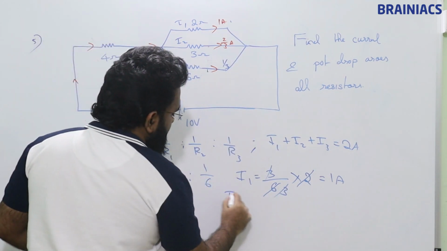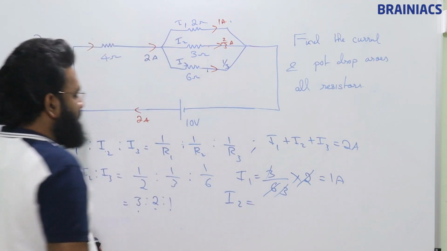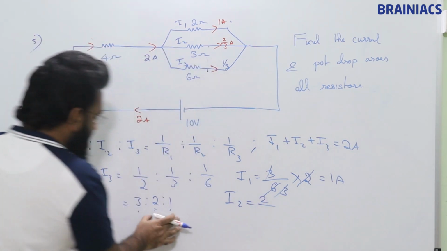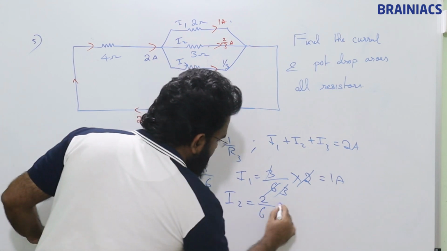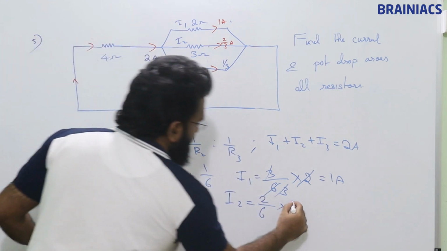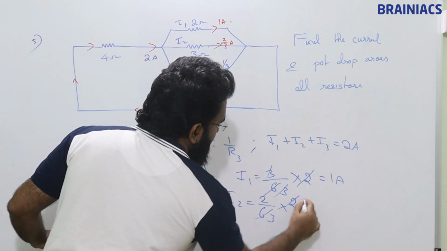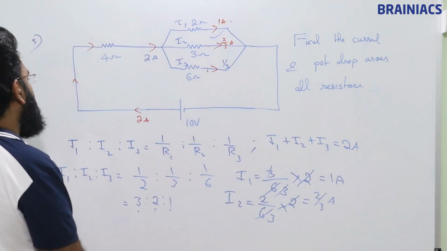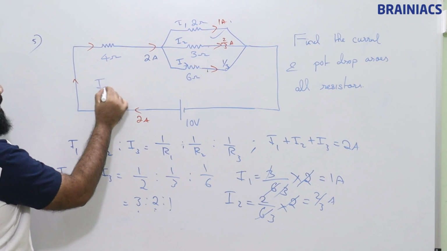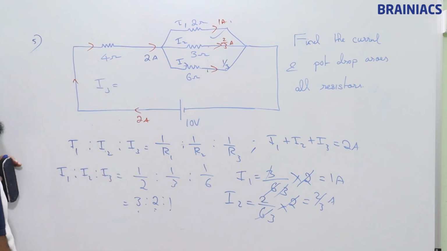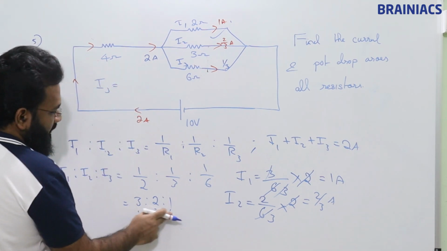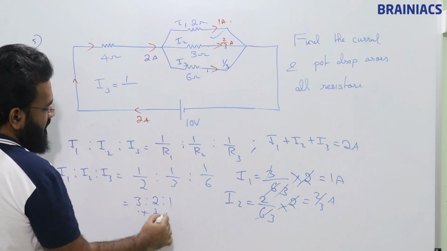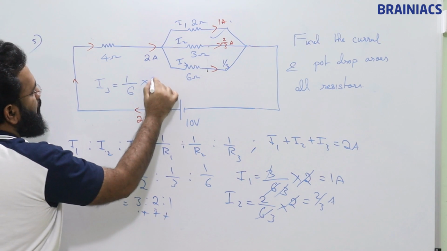Same way I2 is equal to how much? 2 divided by total, 6 into 2 ampere. Cut, this is going to be 2 by 3 ampere. This is also correct. Same way I3, what is the ratio? 1 divided by total, sum of all these, 6 into 2 ampere.